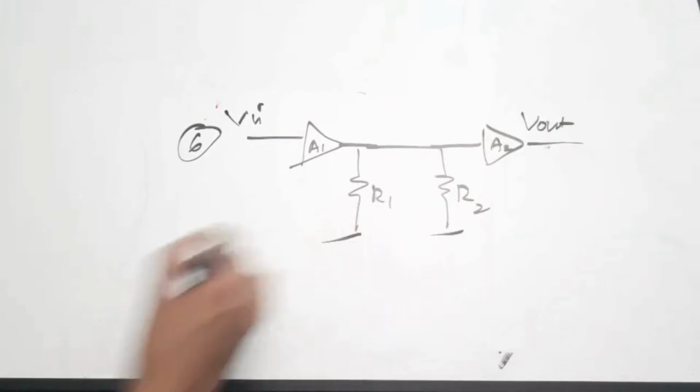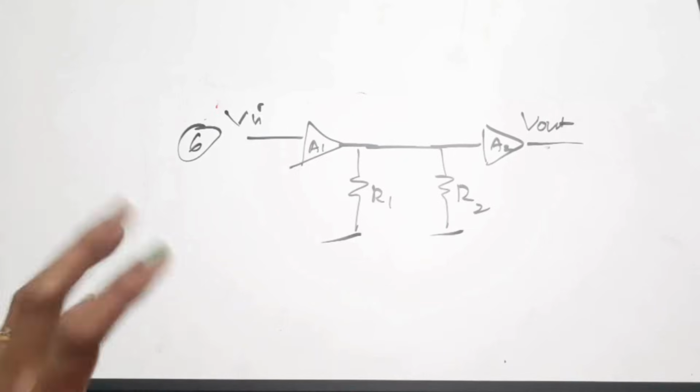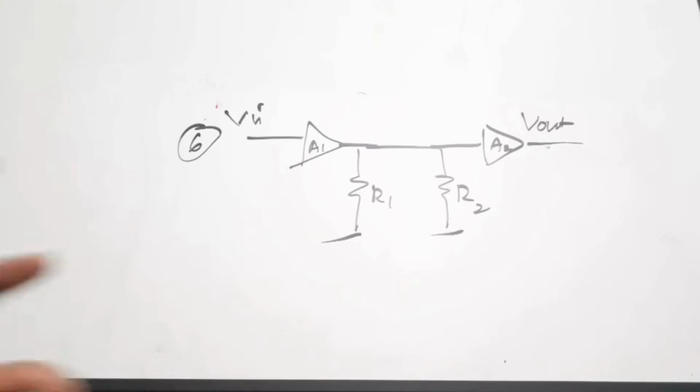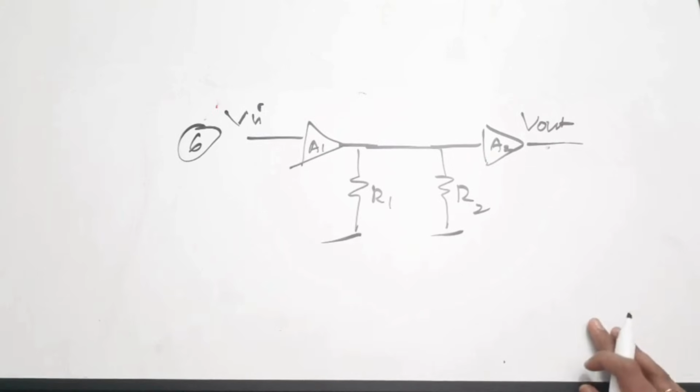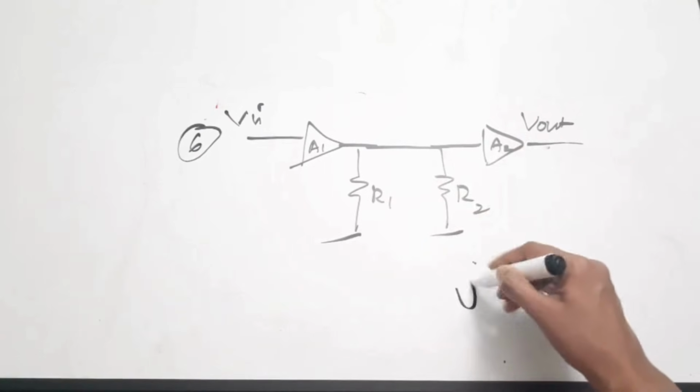Now, the question is, when does loading occur? The loading means some of the noise coming or some of the variations happening at the input side. The options are A, R2 is small, B, A1 is small, C, R2 is large, D, A2 is large. So the loading occurs when the input resistance is less.